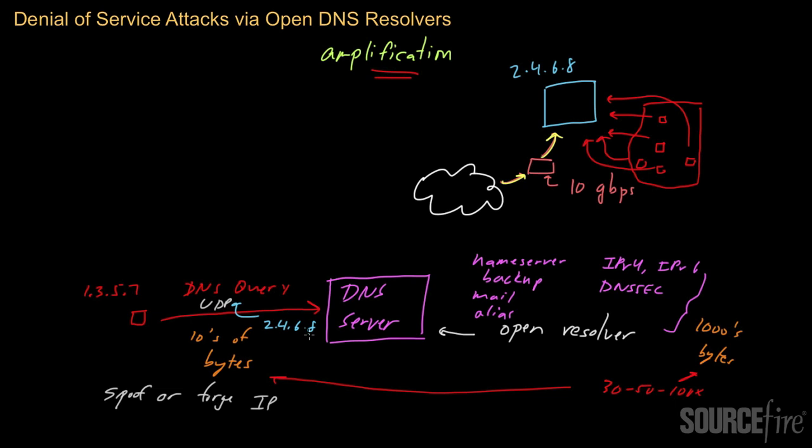And so as a result, the attacker can simply modify the source address, and the DNS server will think that the packet was received from the victim. So instead of actually responding to the attacker, all this traffic is going to be sent to the victim instead. It's going to be sent to 2.4.6.8 instead of being sent to 1.3.5.7, simply because the DNS server thinks that it's 2.4.6.8 that was actually sending the initial request.